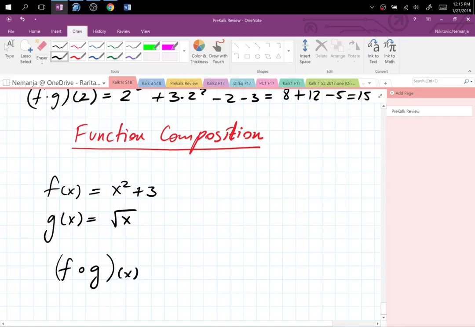It's not O, and it's not a dot. Dot is the product, and O will be a little bit like that, right? This is like degrees, but it's not. We write 90 degrees, but this one goes in the middle, right, as a notation. Some people will say "f o g", but it's actually pronounced correctly as f composed with g.